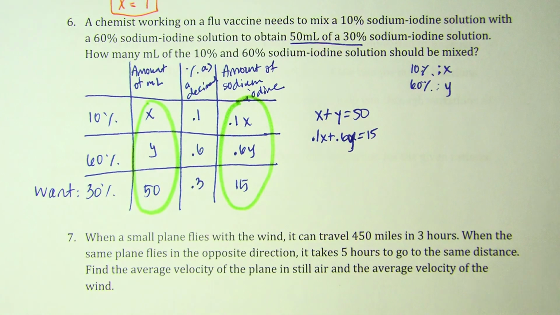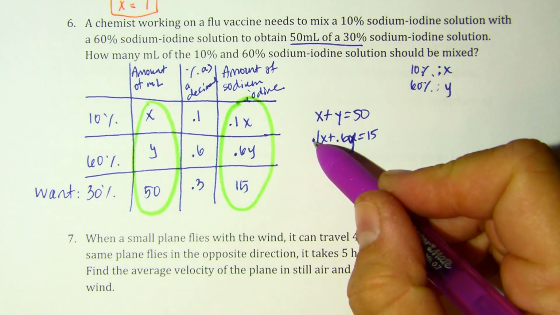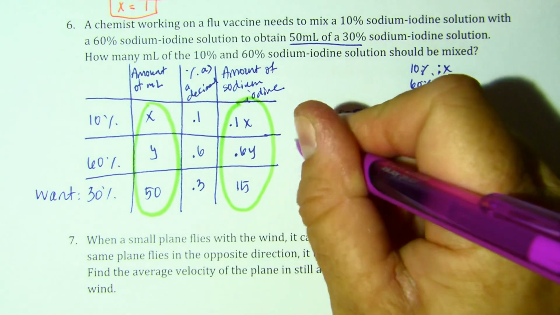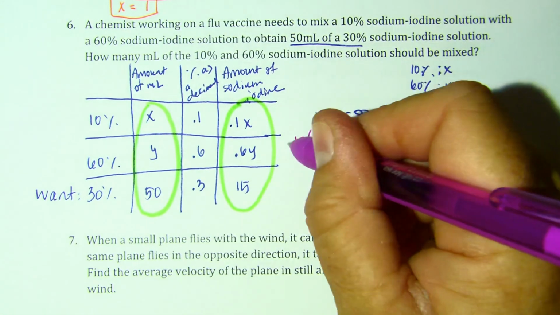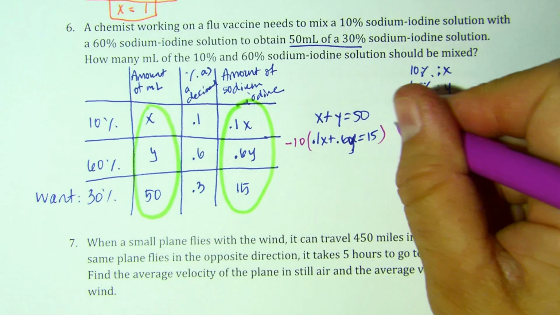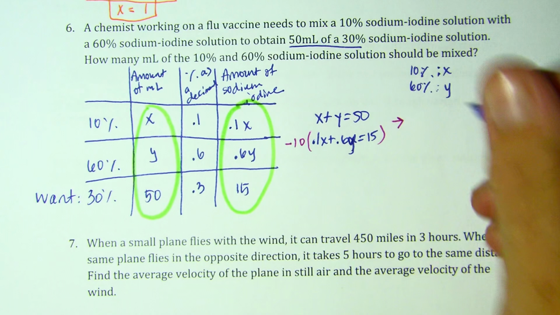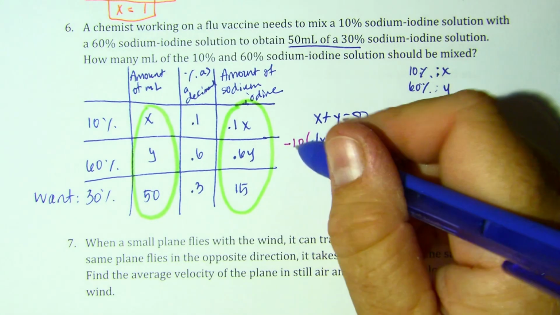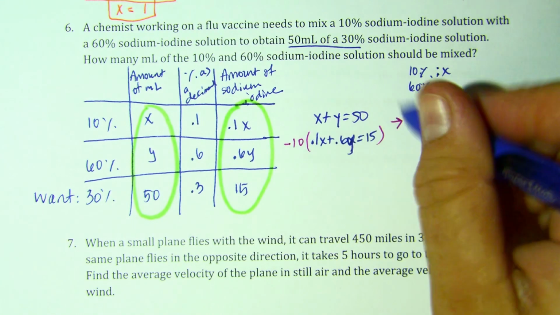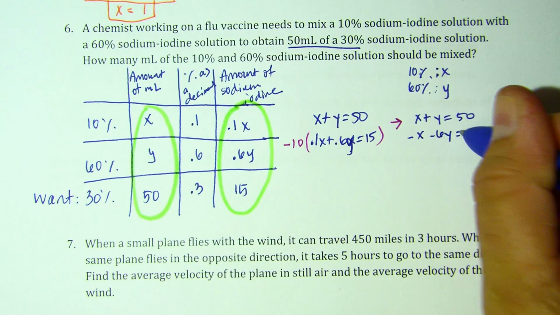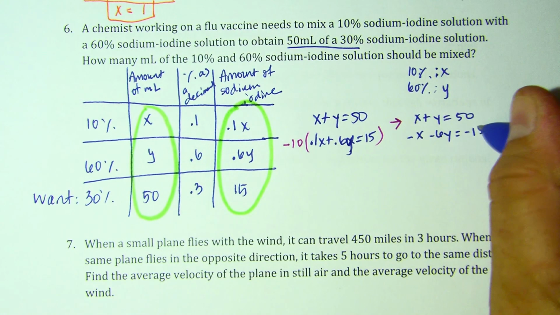And when we're working with decimals, we can get rid of those. If I need to move it one decimal place, then I can multiply by 10. And I'm actually going to multiply by -10 here so that my x's will cancel. So when I multiply, that top equation is not changing, x plus y equals 50. The bottom equation, -10 times 0.1x becomes -x minus 6y equals -150.